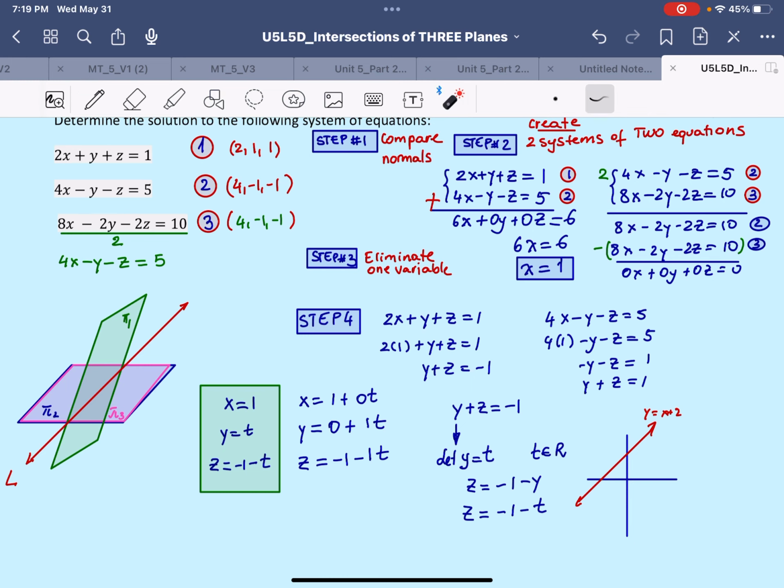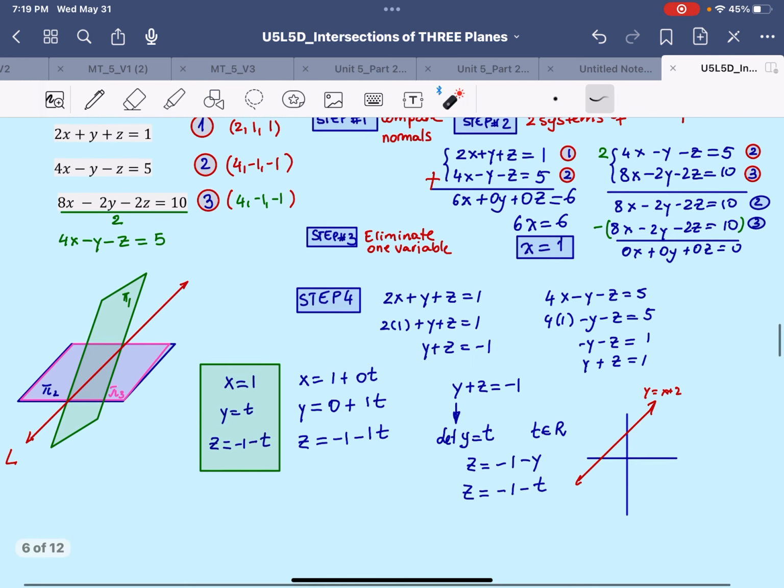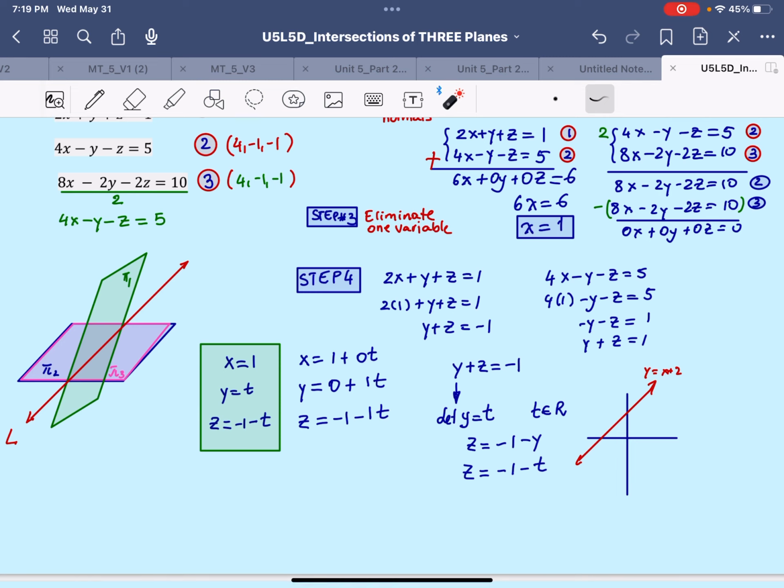I purposely wrote the coefficient negative 1 here because we're about to write the equation of this line from parametric to vector form. Any point with coordinates x, y, and z on this line will be equal to the position vector, which is 1, 0, negative 1, plus the coefficient t.